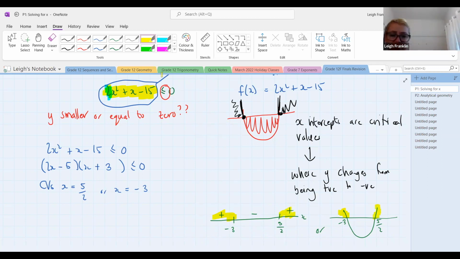Okay, they are numbers that are above the x-axis. Between the two, so between negative 3 and 5 over 2, your y values are negative. So anywhere over here, we're going to have a negative y value. Where are they asking us to look? The inequality sign is directing us to where?